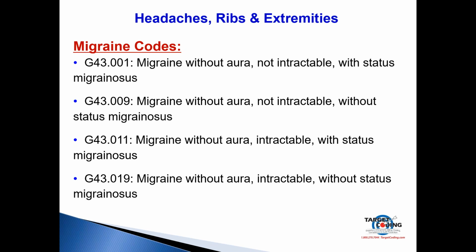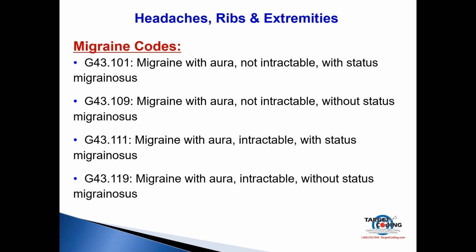So then we go to G43.009. The difference here is this is without status migrainosus. Next, G43.011, migraine without aura, intractable with status migrainosus. G43.019, migraine without aura, intractable without status migrainosus.